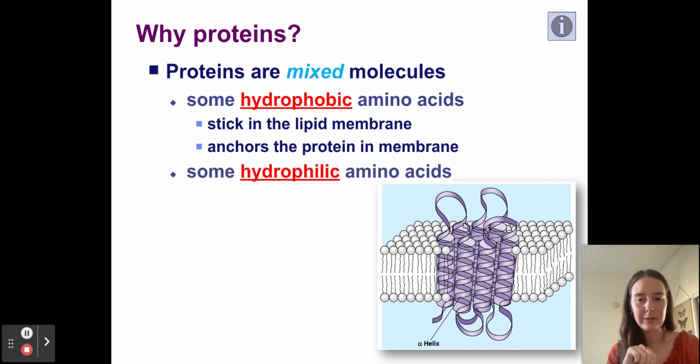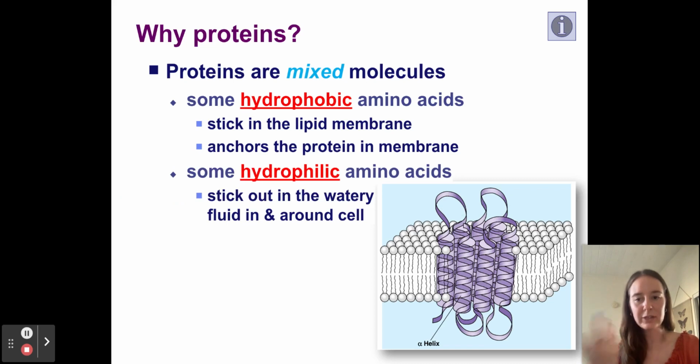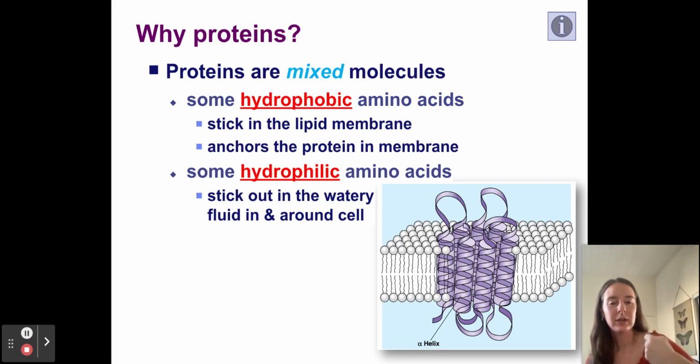Then we can also have some hydrophilic amino acids sticking out on the outside, in the watery fluid inside and outside the cell. Remember, inside the cell there's water, outside the cell there's water, and hydrophilic amino acids are not afraid of water. They like water because they have charged regions, and water is polar, water is charged, so they can interact.